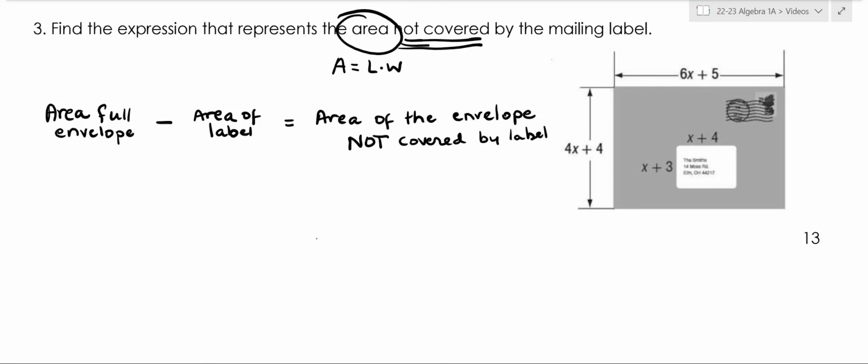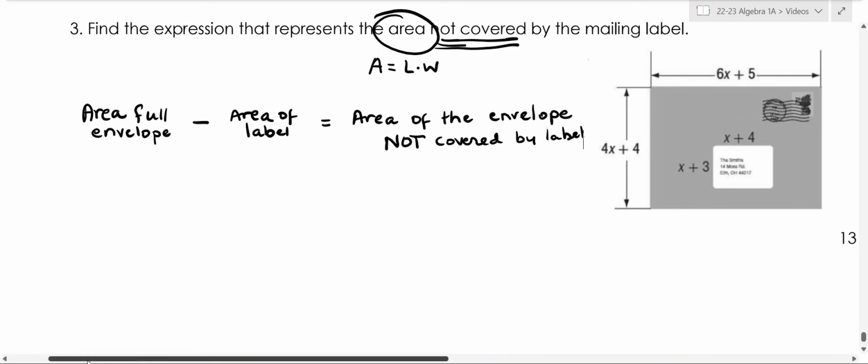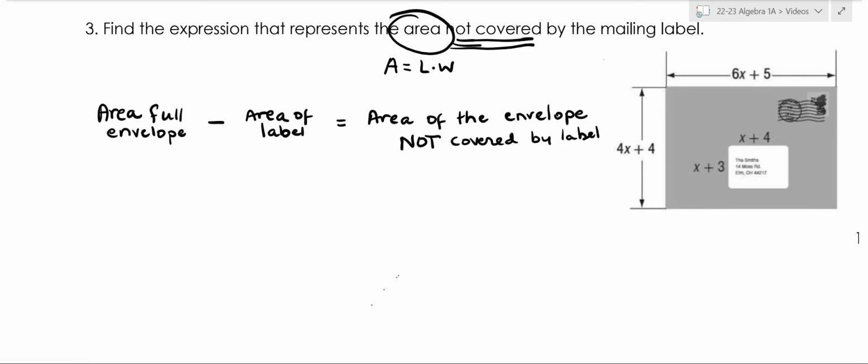So this is two separate problems. I might have to write smaller. I hope that you can squint at your phone. All right, area of the full envelope is going to be given by this one and that one.